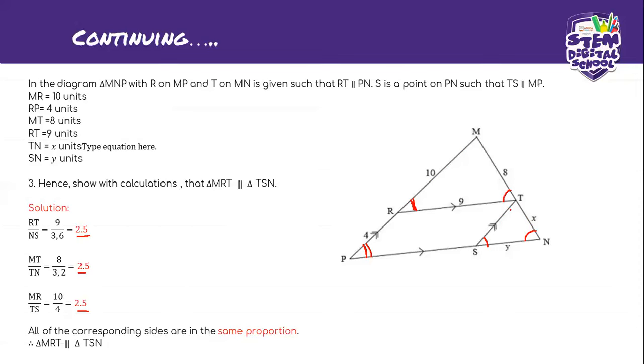And the third angle, obviously they are equal as well, this one together with this one, right? That means the angles of this triangle MRT are equal to the angles of this triangle TSN. Therefore, the two triangles are what? They are similar. Okay. All right.